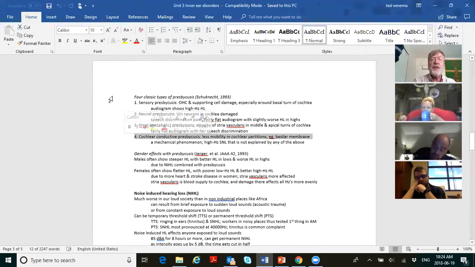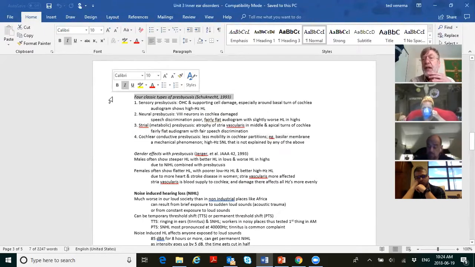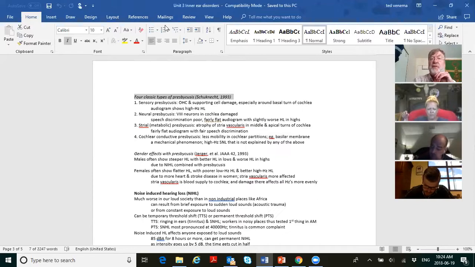Now, the person who came up with these types, his name was Schuknecht. So I put a circle around Schuknecht because it's Schuknecht who classified these four types of presbycusis. He was a medical ear, nose, and throat physician.